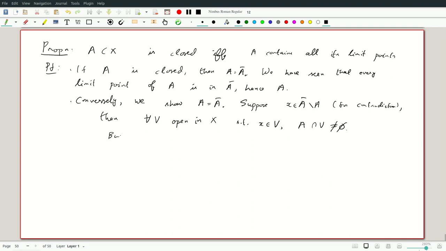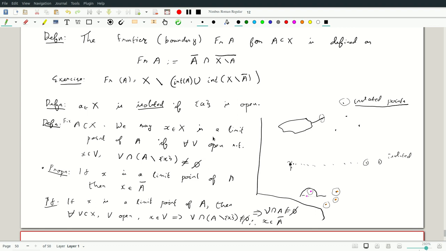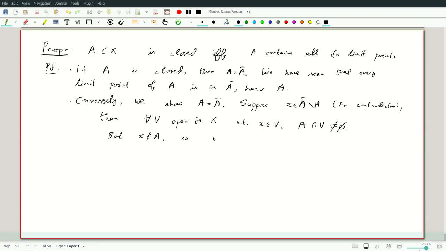Okay, but x does not belong to A. So let's look back at the definition of a limit point. A limit point of A said that A minus x, so if I remove x, x is not here, it is A. So A minus x intersection V is non-empty. This is what we wanted to show. So thus x is a limit point.